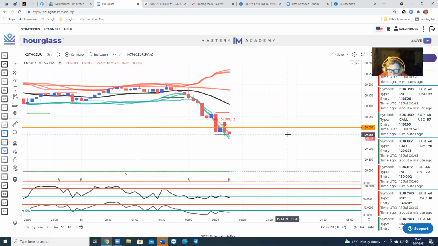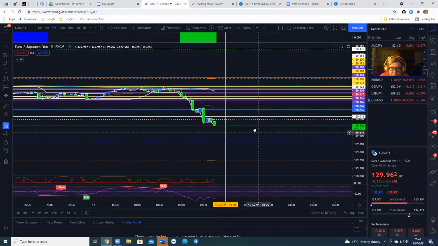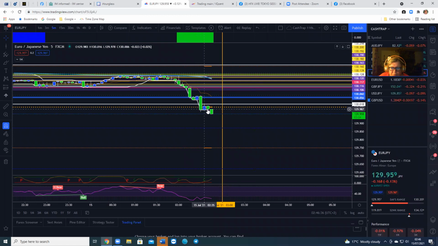And there was that new line of support. It's drawn at 966 here. So I want to see it retrace back up to that level, and then on the hour take a put.